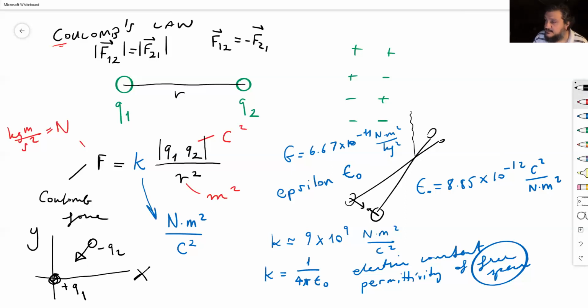Remember unit vectors, i hat and j hat. So these are the small vectors of unit length in the x and y directions. So you can express this force in terms of i hat and j hat. Actually, let me just solve a problem like this so you'll know what I'm talking about.